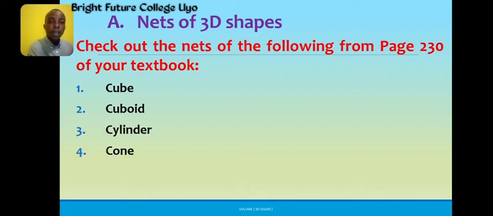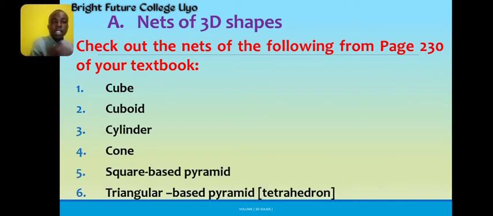So at least you should be able to do the net for cube, cuboid, cylinder, cone, square base pyramid, tetrahedron, hexagonal prism, and rectangular base pyramid, and you fold them back into shape. Then you do what they do in the industry by producing cartons. So that's what we mean by the nets. Okay.